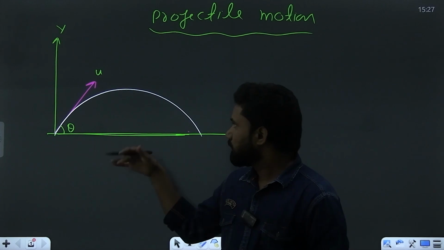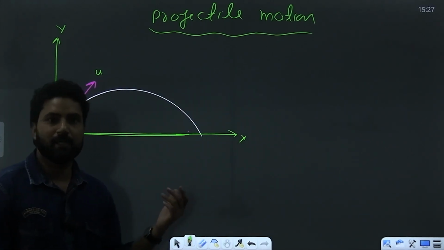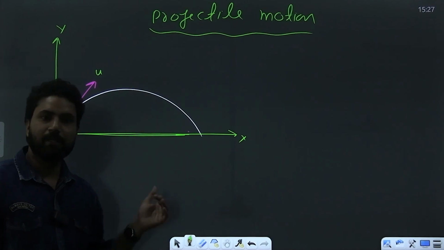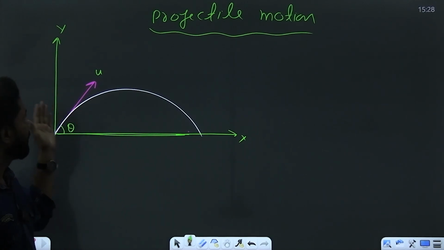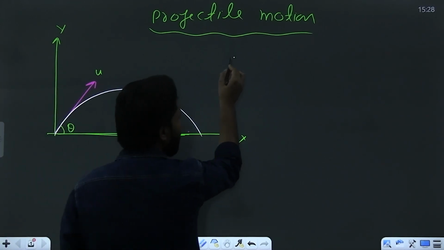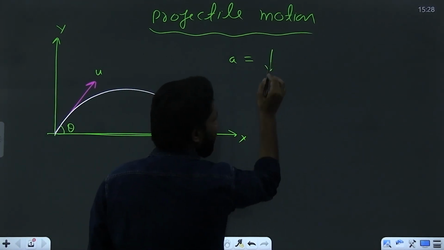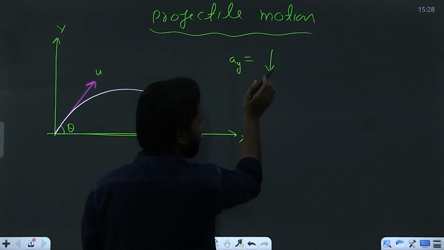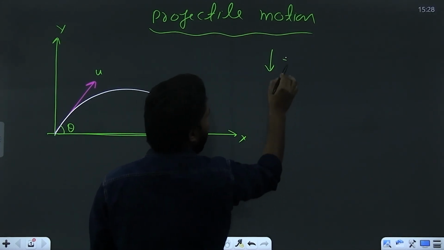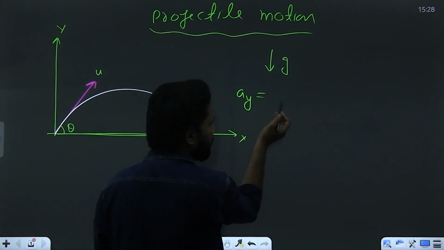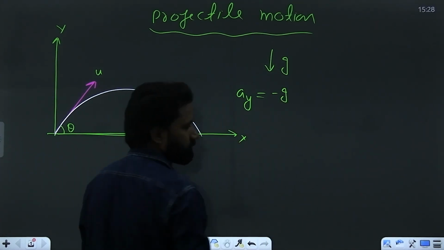There is no acceleration other than gravitational acceleration, and it always acts vertically downward, in the y direction. So the acceleration along the y axis, a_y, with proper sign convention, is minus g.